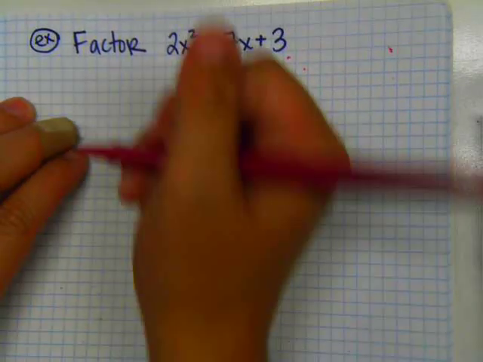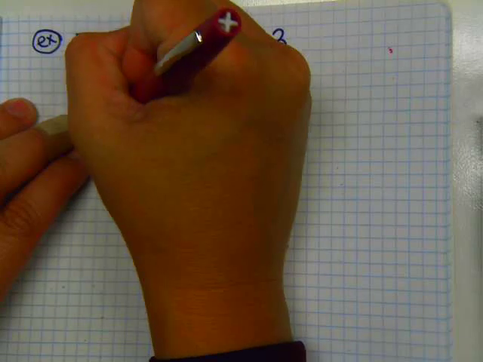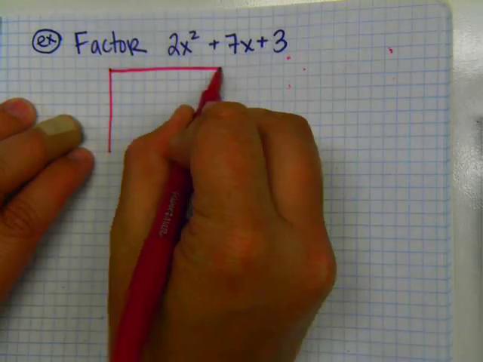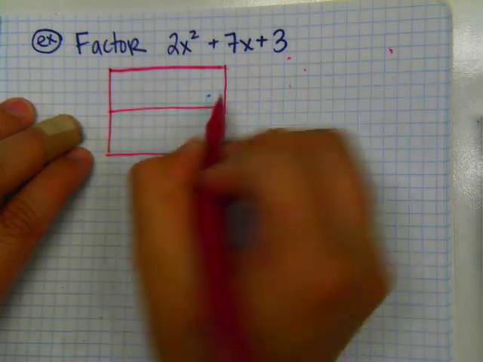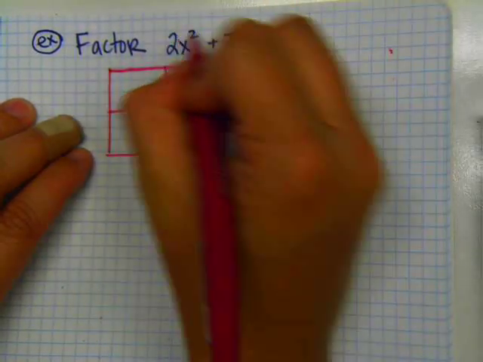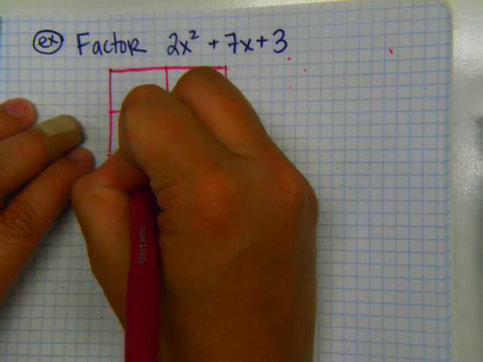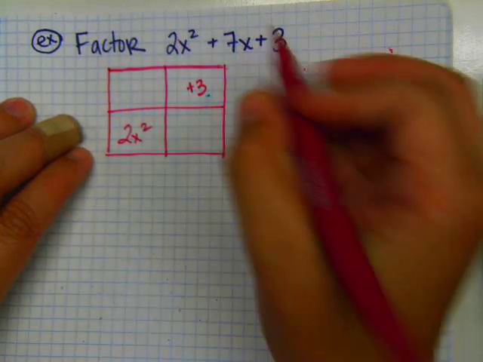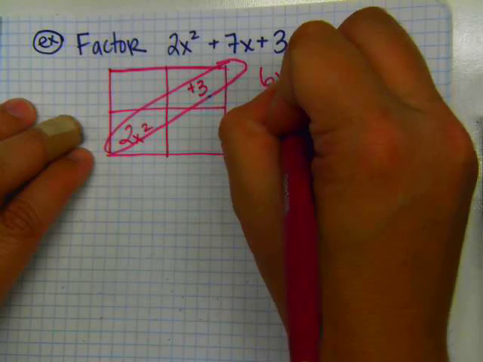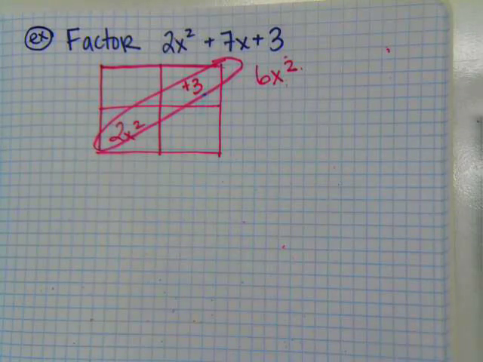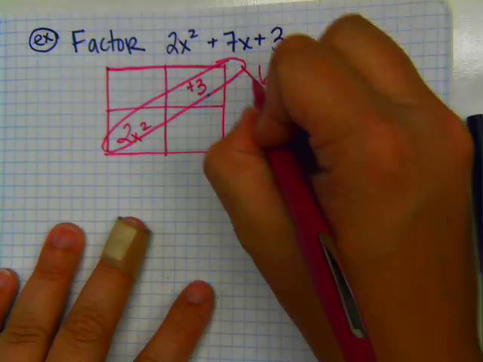So the first thing, like I said, you need to make your area model. We put the first term and the last term in the diagonals, and then we multiply. And we get 6x squared. It just happens to be 6x squared. It's not always going to be 6x squared.